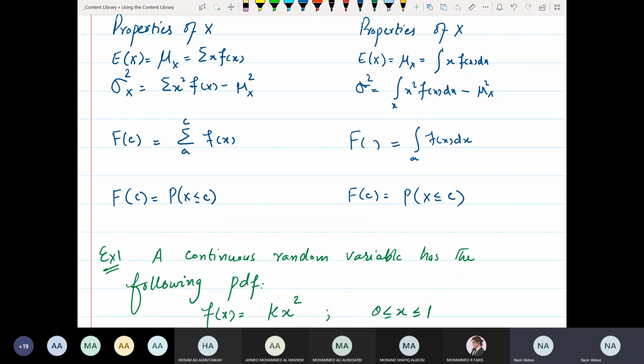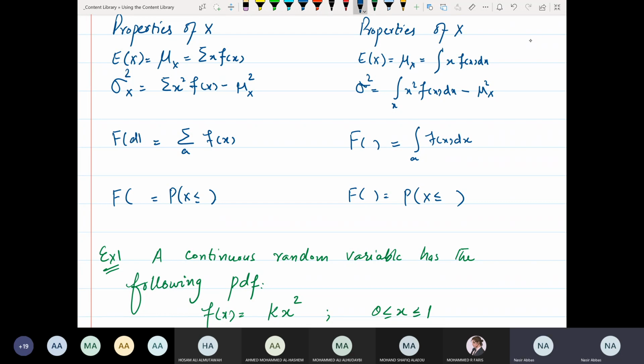So let me change this C to, what do I call it?